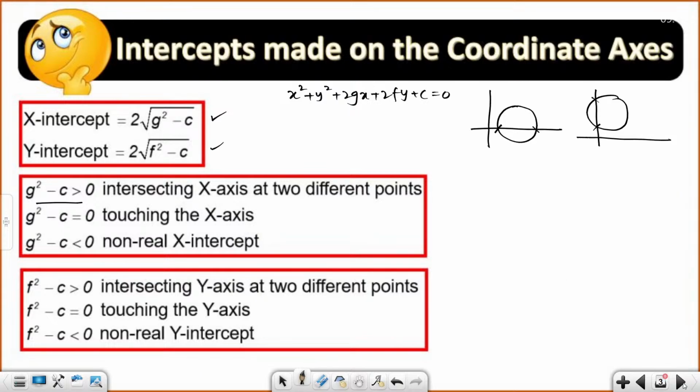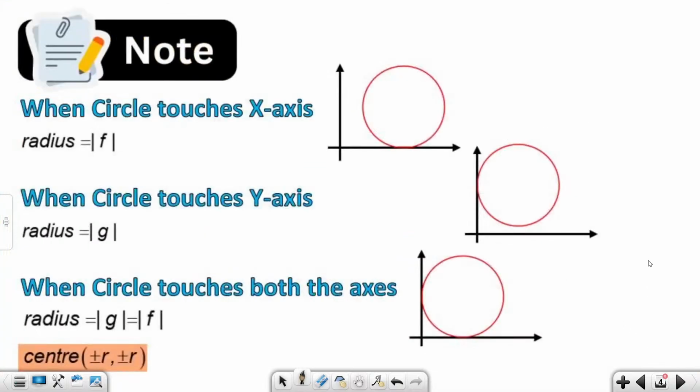Okay, so the next thing that we have covered is when the circle is touching the x-axis, this is again for the general equation of the circle, x square plus y square plus 2gx plus 2fy plus c equals 0. So in this case, the radius is root over g square plus f square minus c.